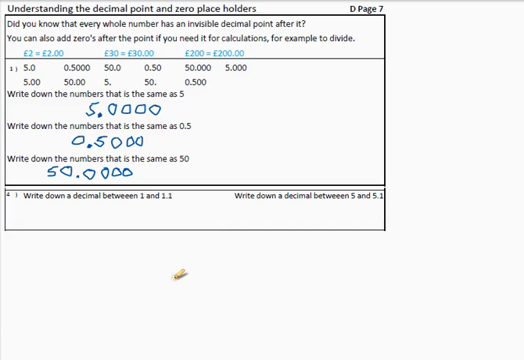How will you do that? Okay, will it help you if I've done this? 1.0 and 1.1. It might still be difficult because think about it, 1.2 will be bigger. Okay, will it help you if I add a 0 there and a 0 there?